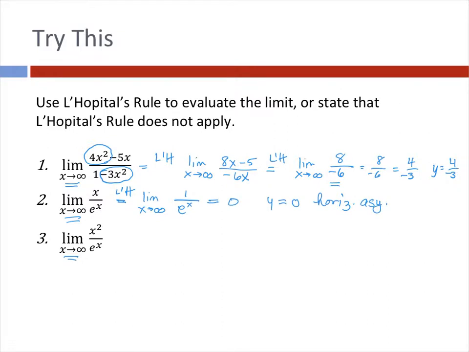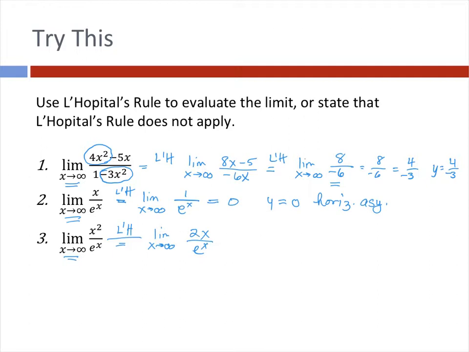Okay? And then the final problem is the limit as x approaches infinity of x squared over e to the x. And if I look at this problem and take the limit, I'm going to get infinity over infinity as well. So let's apply L'Hopital's. And I get the limit as x approaches infinity of 2x over e to the x.